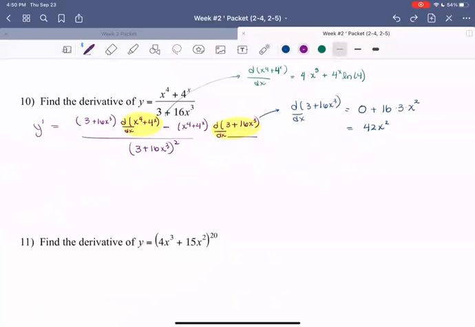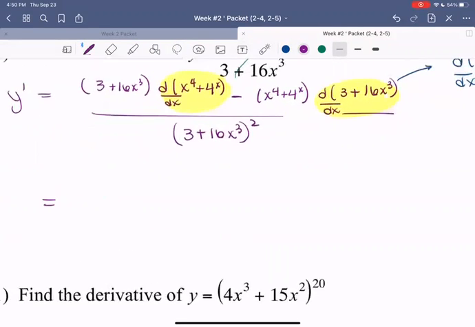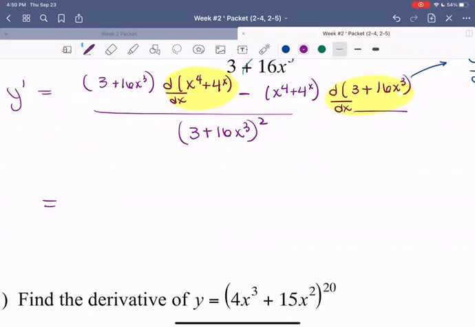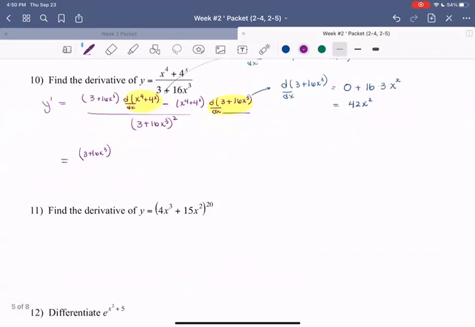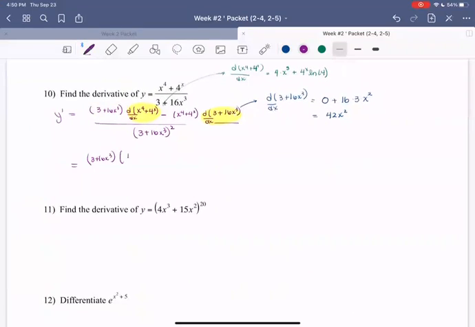All right, now we're almost ready. Let's combine what we learned together. My derivative starts with 3 plus 16x cubed times that first derivative we just computed, which was 4x cubed plus 4 to the x ln of 4, minus, and notice I kept that whole derivative inside parentheses.